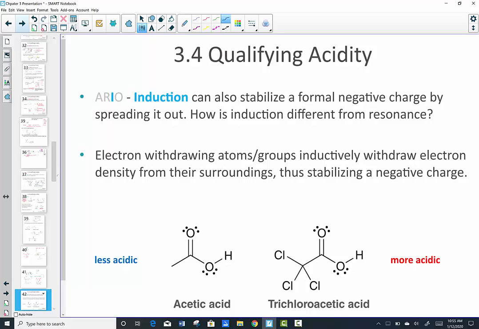And I just think of this as based on polarity of the bond. In the polarity of the bond, we can see electron withdrawing groups, not delocalizing, not spreading out via pi bonds, but simply by an induction effect based on the polarity of the bond.